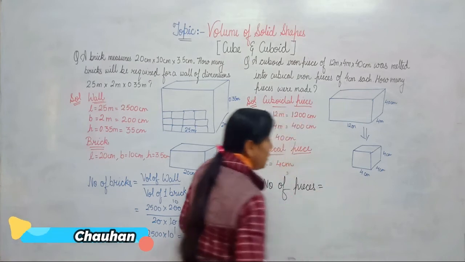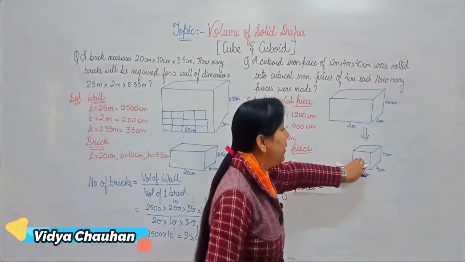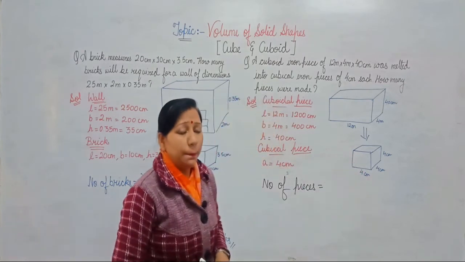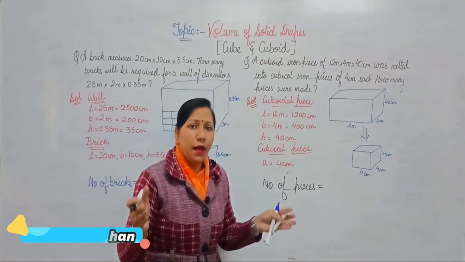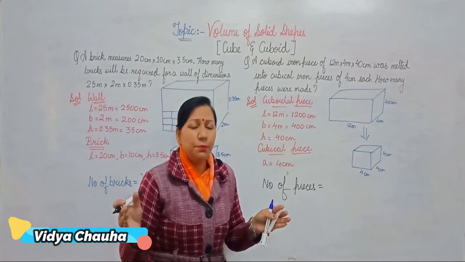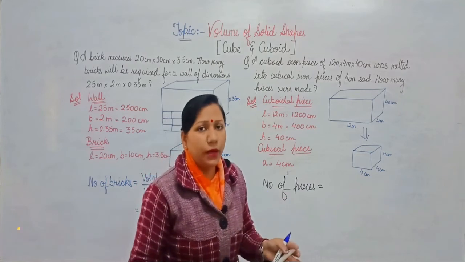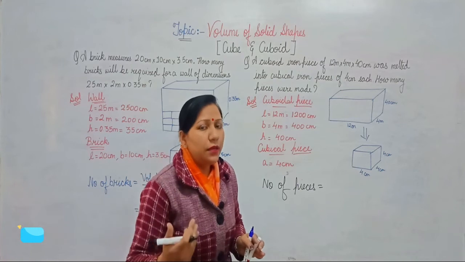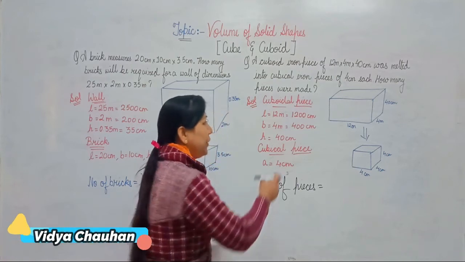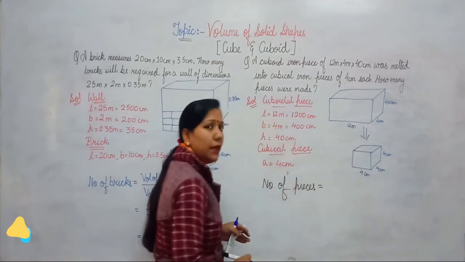For the number of pieces, we will divide the volume of the cuboid by the volume of the cubical piece. Why? Because from the whole melted iron of the cuboidal piece, we are making the cubical pieces. We are not using some other kind of metal, or getting iron from other things. We are directly converting this amount of iron into the cubical pieces.